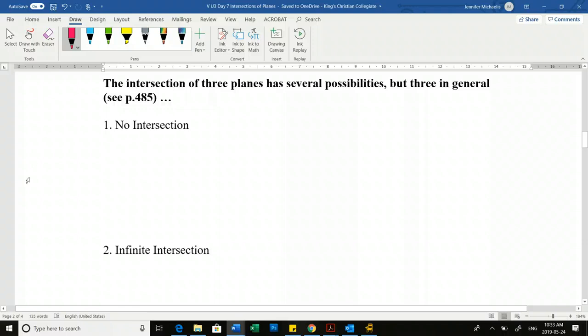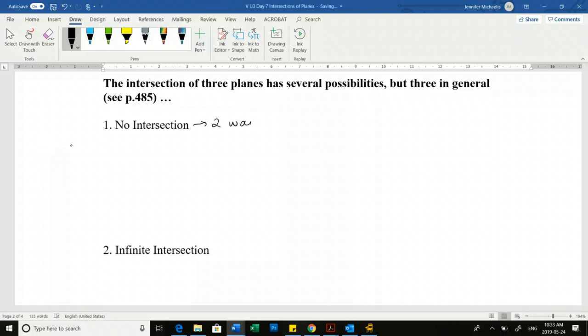Okay, so we're going to break it down in our notes. We can have no intersection, 0 intersections, and there are 2 ways this can happen. We'll do 1 and 2 here. First, any 2 of the 3 planes being parallel and distinct.